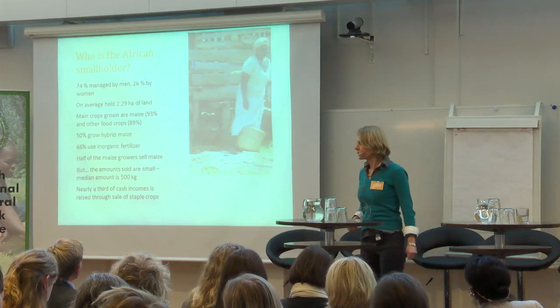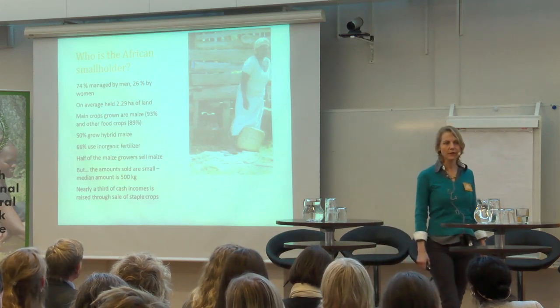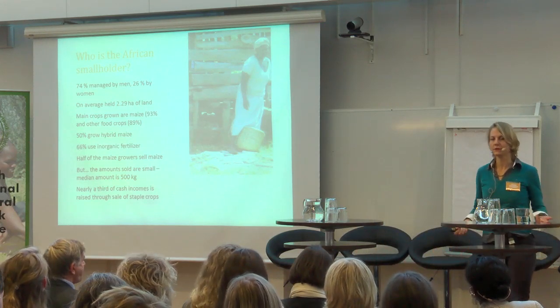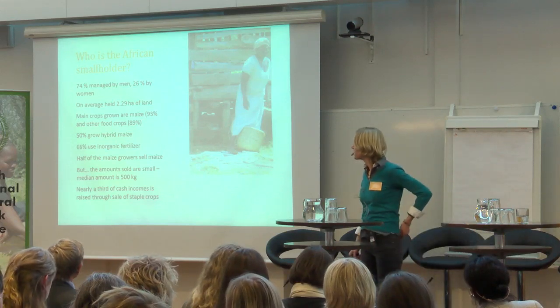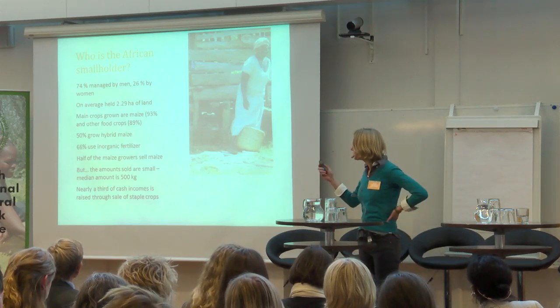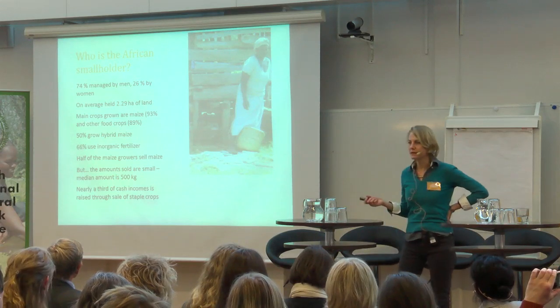So who is the African smallholder? This is just pulled out of the data set. What we know from this data, and this confirms roughly tendencies found in other literature, is that about 3/4 of these farms are managed by men, meaning that 1/4 of them are managed by women.